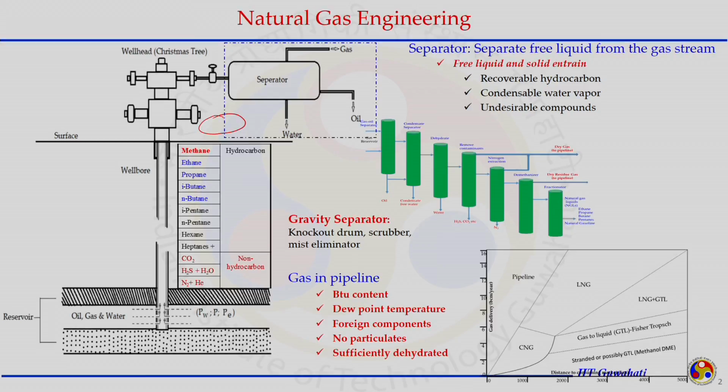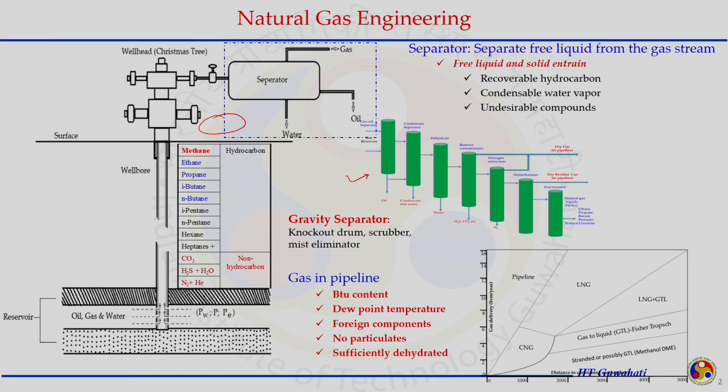As shown here, on the downstream side, after the separator, the fluid is going to be treated for recovering the water, that is free water or the moisture present in the natural gas, or for recovering the valuable hydrocarbons, meaning higher carbon number hydrocarbons, which are more valuable; we can separate them out and sell them separately.